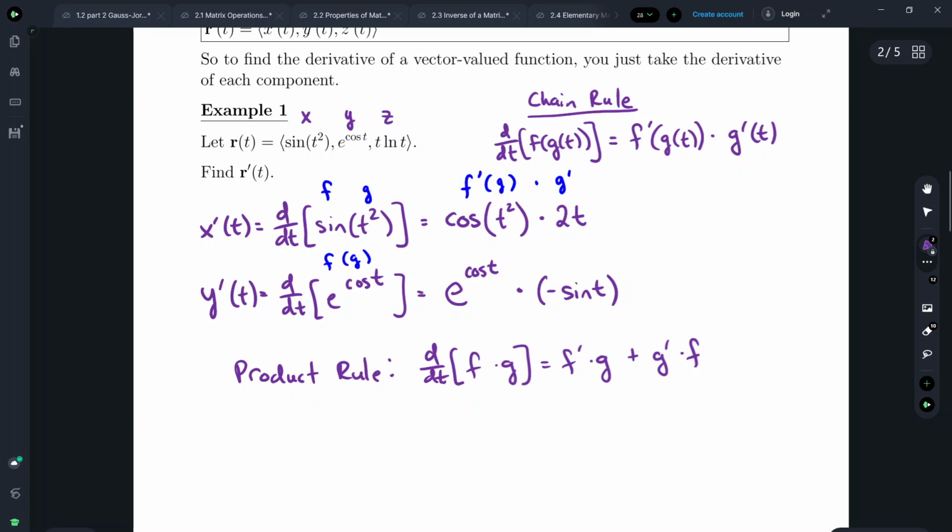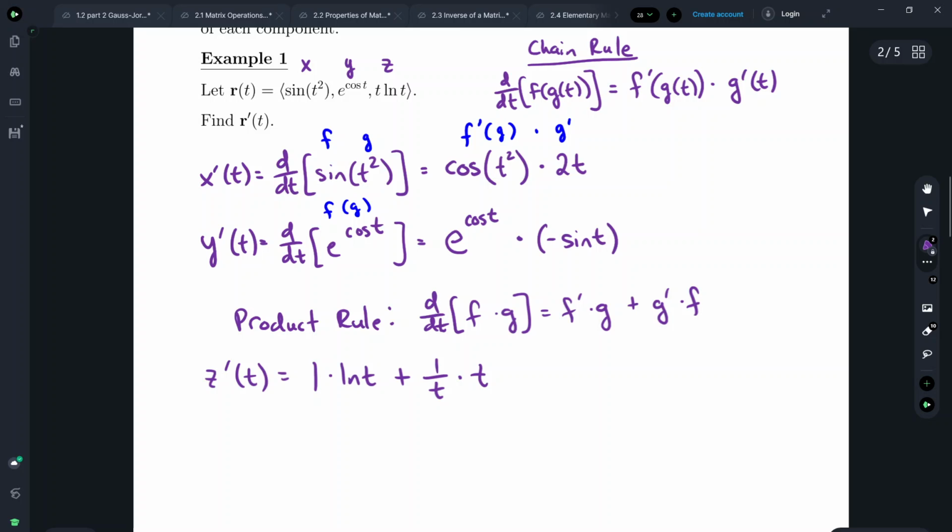With that in mind, let's take the derivative of z. It's t times natural log of t, so t is the f, natural log of t is the g. What is the derivative of t? That's just 1. And then g stays the same, so natural log of t stays the same, plus g prime, so the derivative of the natural log is 1 over t, and then times f stays the same, so that's just t. Okay, so these are all the derivatives.